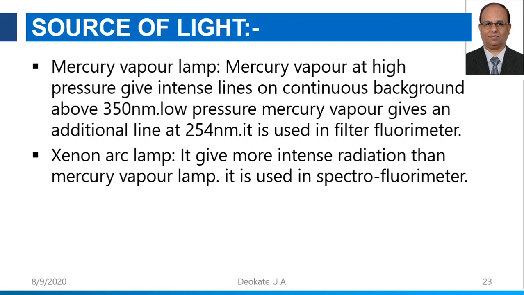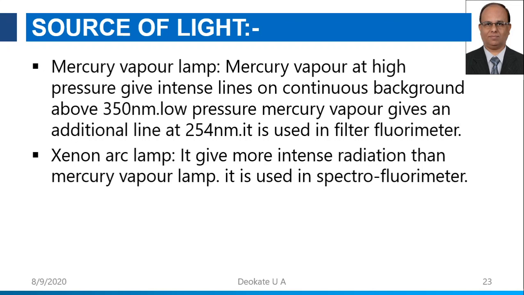The second one is the xenon arc lamp. It gives more intense radiation than the mercury vapor lamp. It is used in the spectrofluorimeter because the xenon arc lamp can give all wavelengths from 200 to 400 nanometers of UV, and 400 to 1000 nanometers of the visible and some near-IR region.